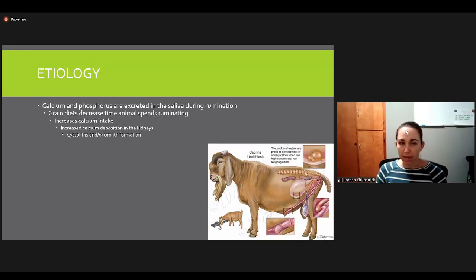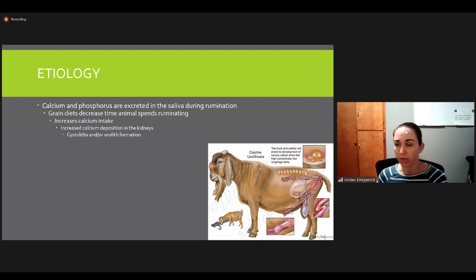So the reason this happens, and especially with that signalment, is in ruminants, calcium and phosphorus are excreted in the saliva during rumination. Adult cattle can excrete 50 to 100 liters of saliva a day when they're chewing their cud and going through the rumination process. It's obviously less than that in sheep and goats because they're smaller. But when they're eating a grain diet, they chew it, swallow it.